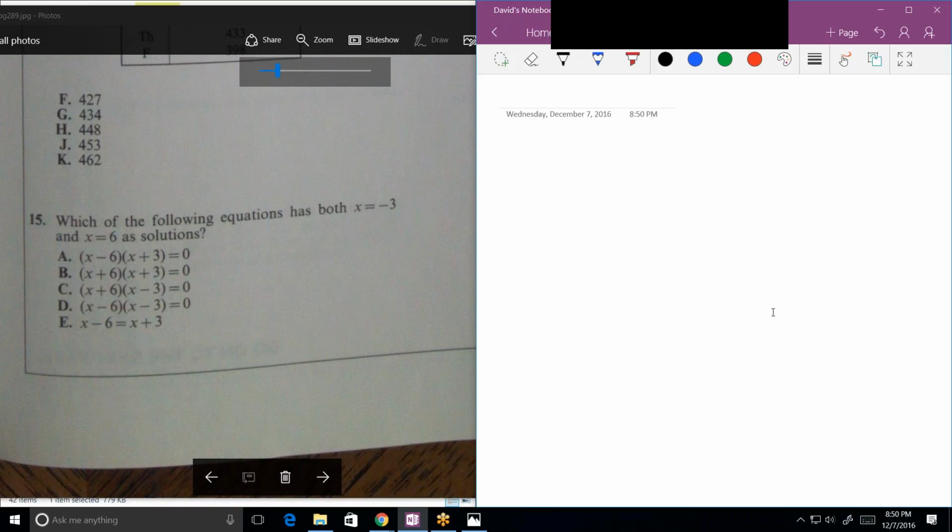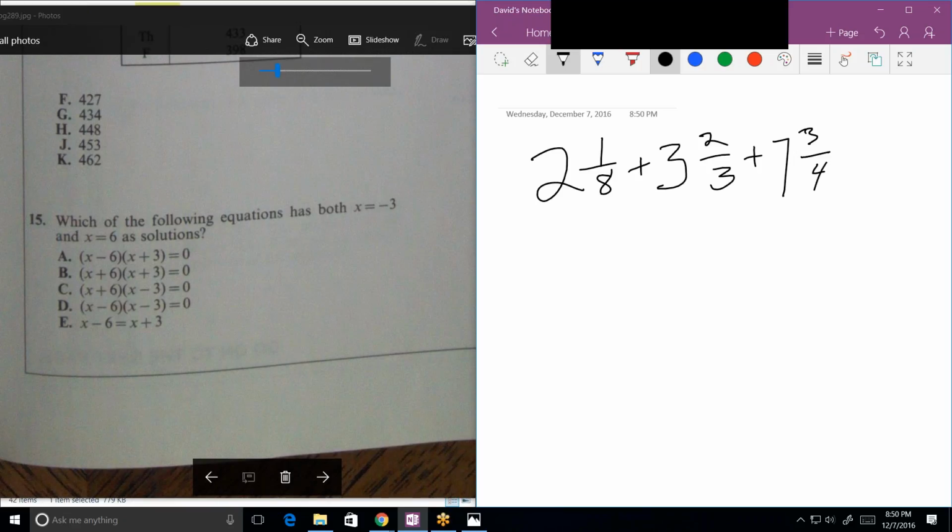For example, if they asked you what that was and you put it into your calculator, you're going to get a decimal as an answer. 12 and some 13 and some decimal.